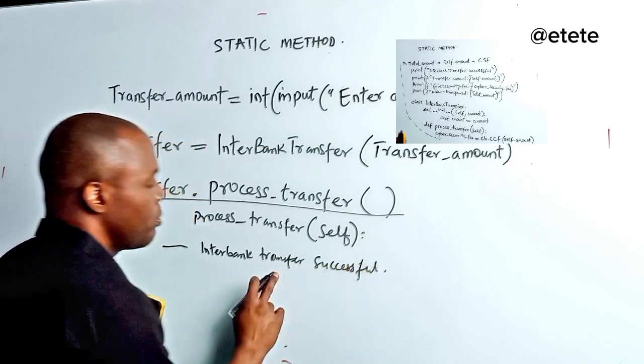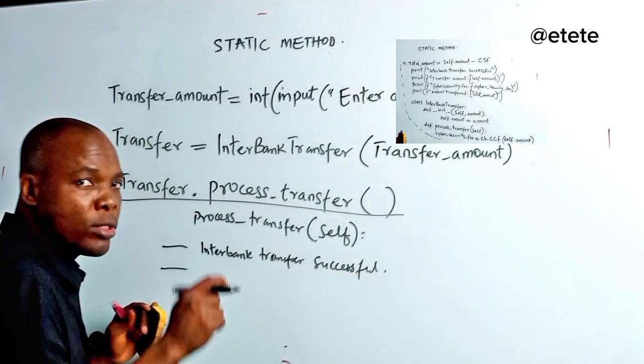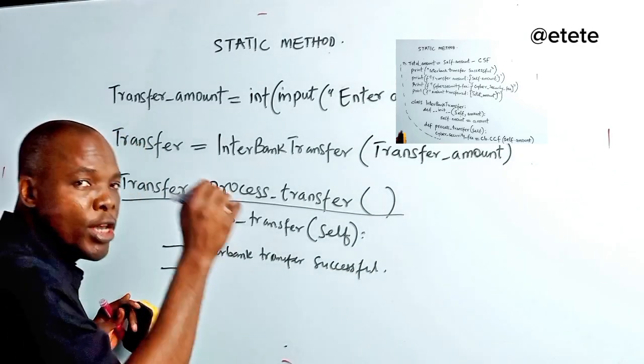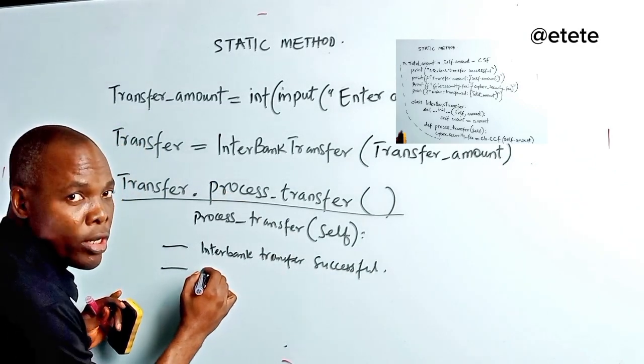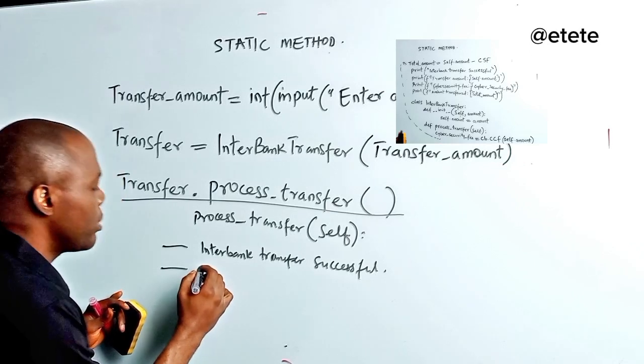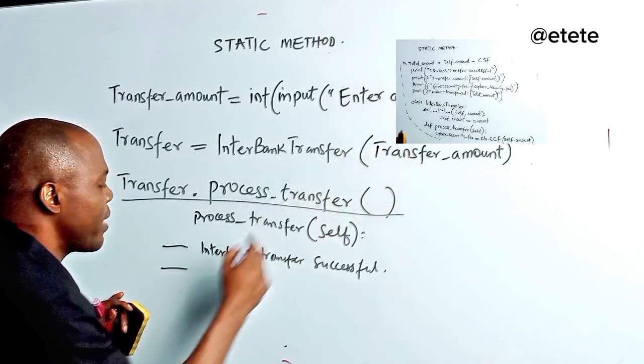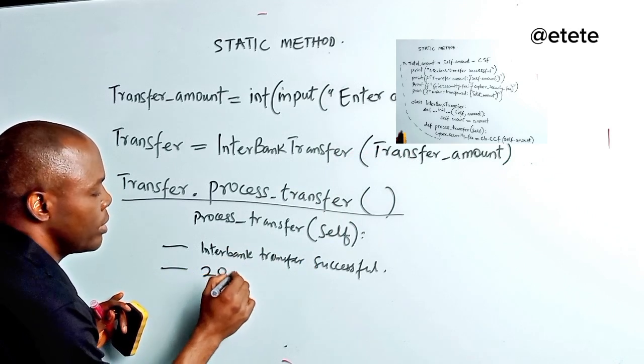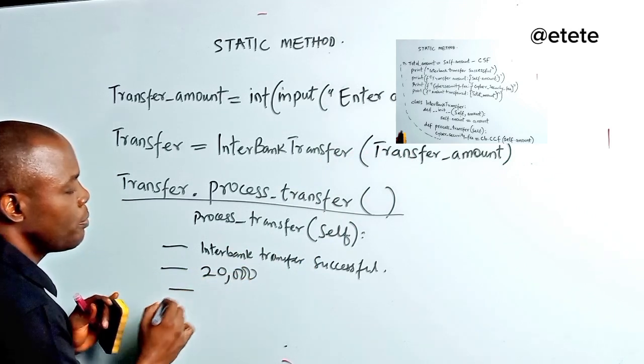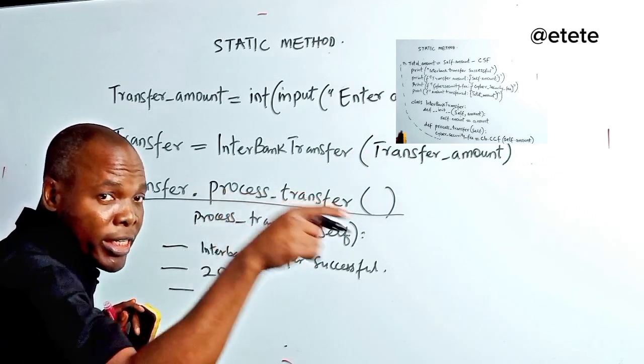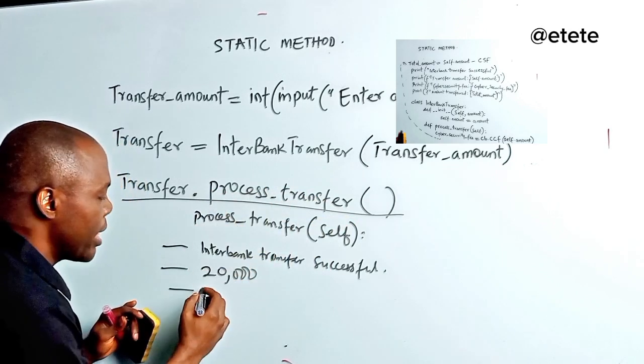So it's to print this out. Then what was the second thing we say you should print out? You should print out the amount to be transferred. So if the amount to be transferred is 20,000, it will print out 20,000. Then to print out the cyber security amount that is calculated.